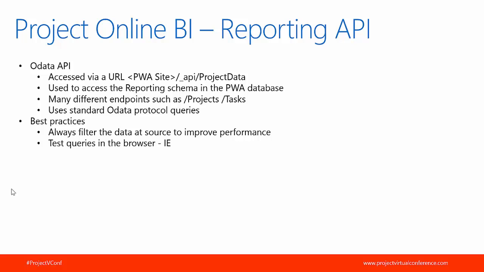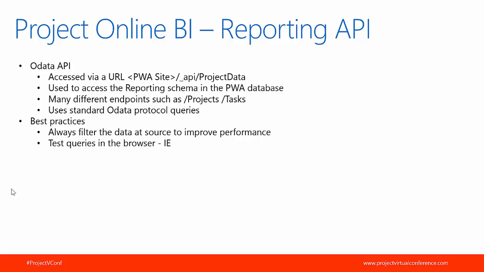All you do is append /_api/projectdata and you go to the root OData API there. There are many different properties or endpoints available: you can look at tasks, projects, project baselines, assignment information, task information, and the new engagements feature has its own endpoint to pull through that information.